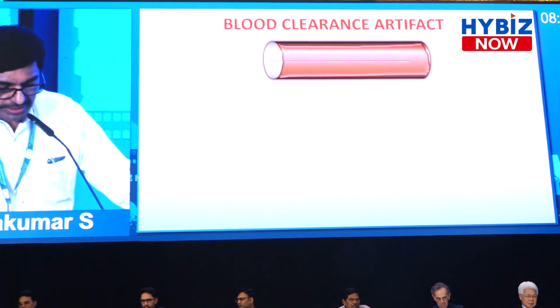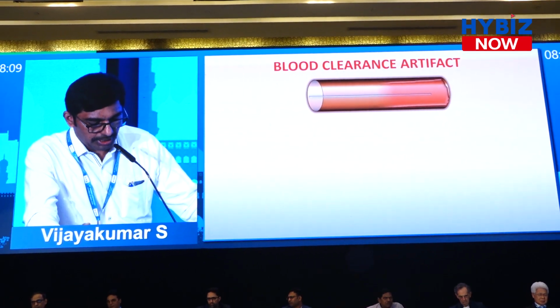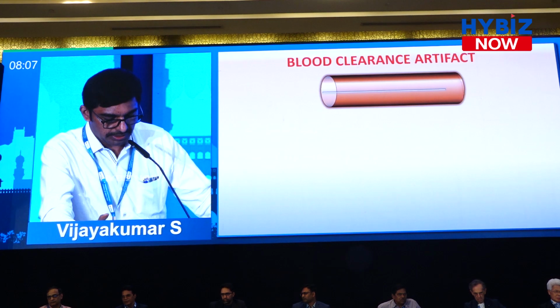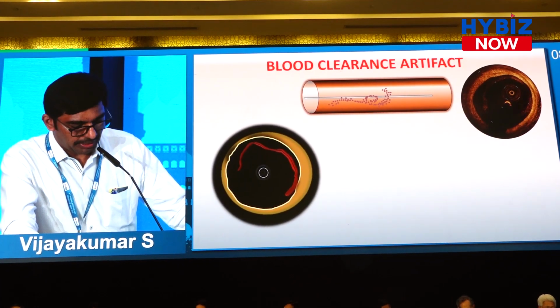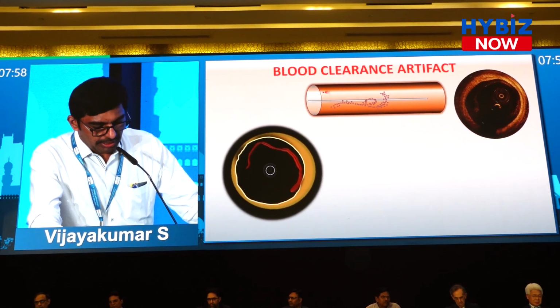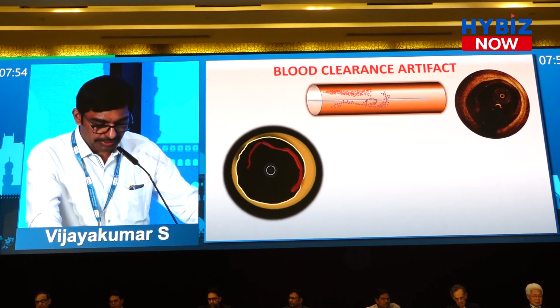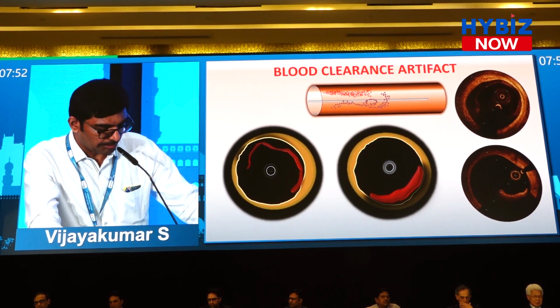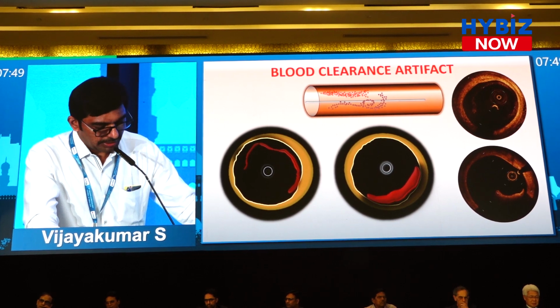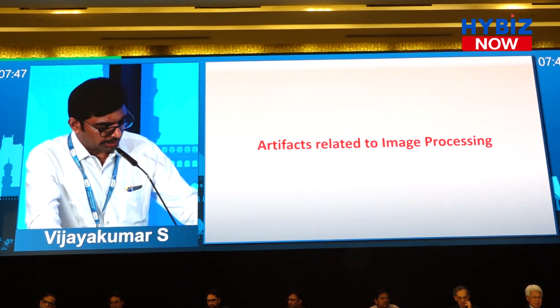When you use low viscous solutions like dextran or saline, there are leftover RBCs and the lumen appears as speckles. When the blood clearance is suboptimal, there is a mixture of contrast with blood products that results in blood cells of varying shape. So this is the typical example of blood cells. At the end of the injection, when the contrast clearance is inadequate, the residual blood produces the appearance of a thrombus. So this is a typical appearance of an artifact similar to a thrombus.